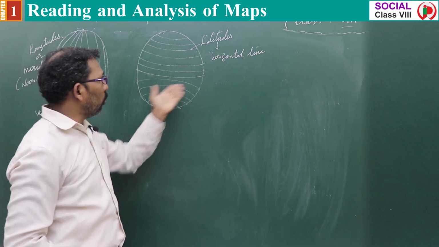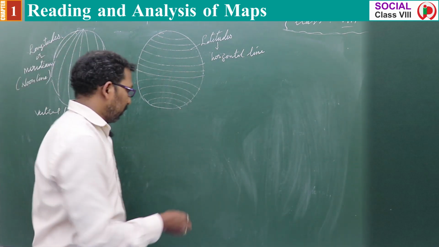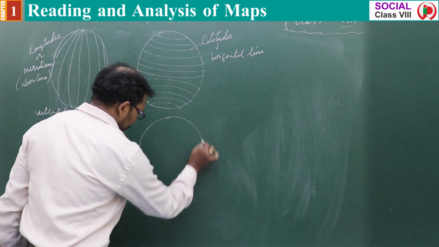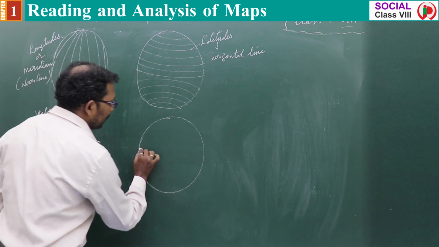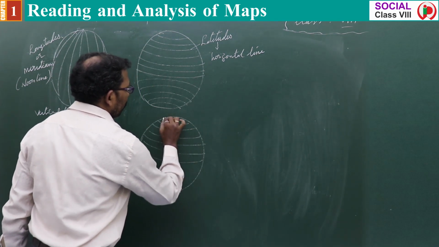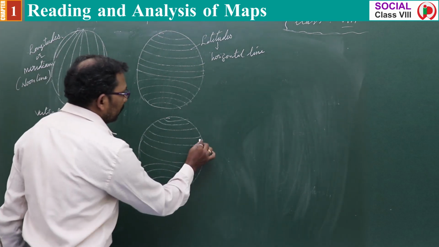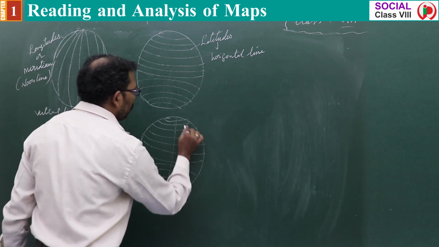So is drawing just one line enough? No. When you join these two particular lines, for example, you can see over here, these are the latitudes, and these are the longitudes.